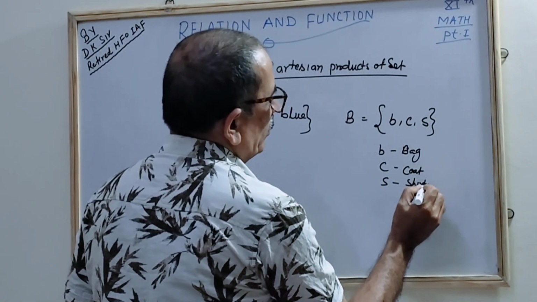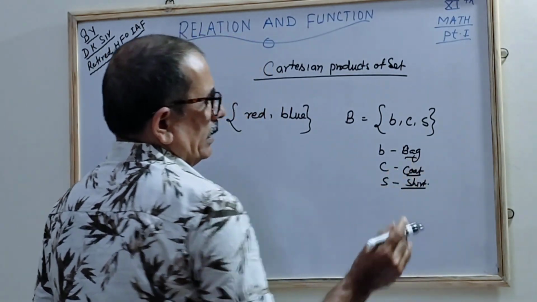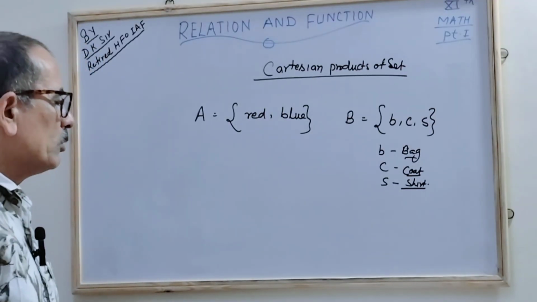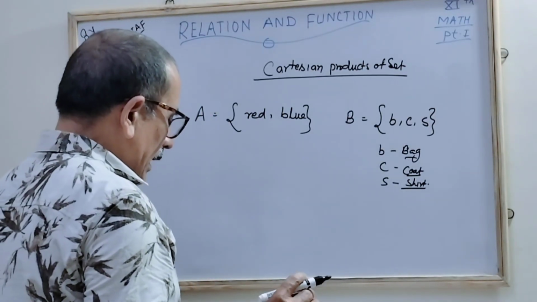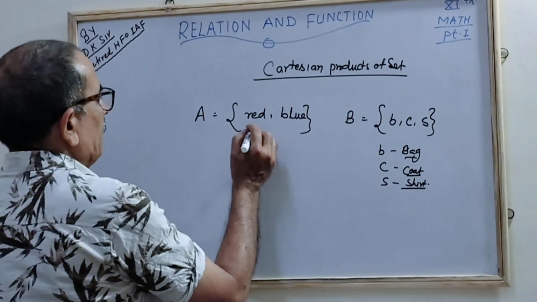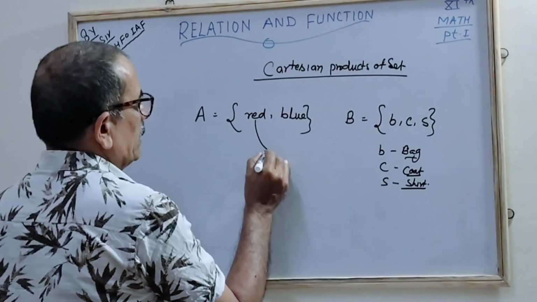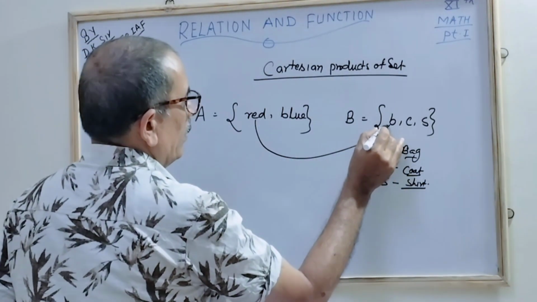They have written them in short form. Understood? It has not much meaning. So when you are trying to find the Cartesian product, what will be there? First you take red with the B.